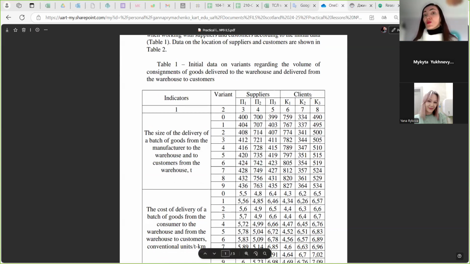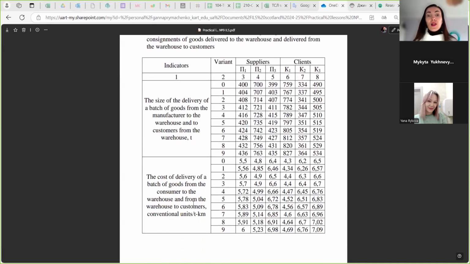We use the last line in our tables by variant. I show it so that you can view all information for all variants. So the last line in our tables, we find it, for example, for variant 0 for client K1, the cost is 4.3.